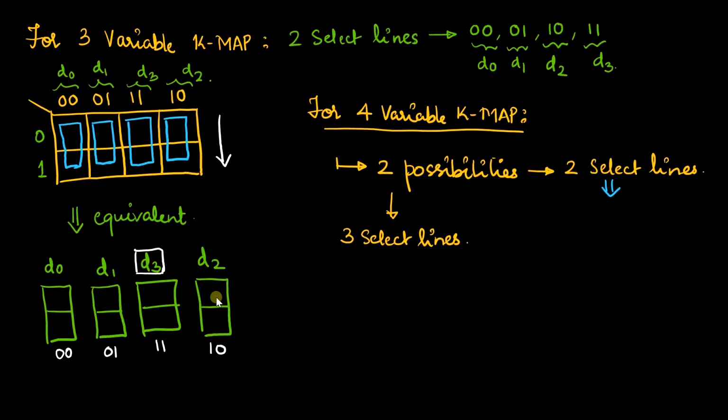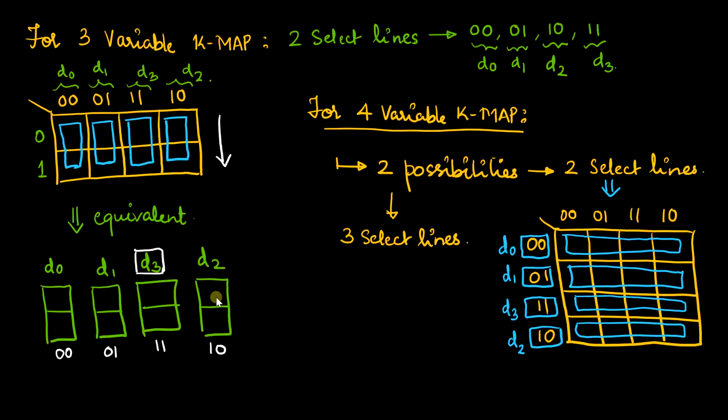One possibility is you can have 2 select lines or you can have 3 select lines. When you have 2 select lines, you can consider D0 and consider the horizontal grouping, D1, D3 and D2.